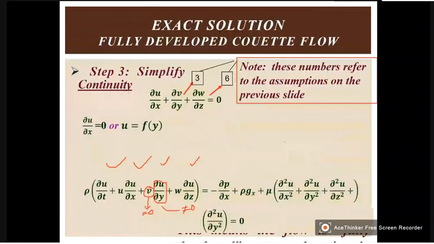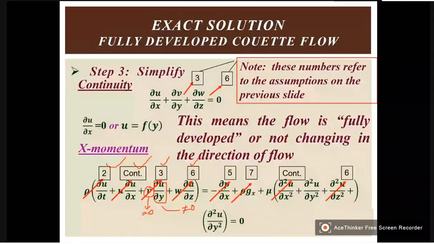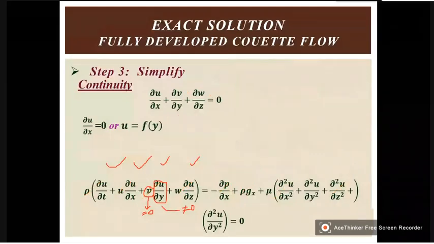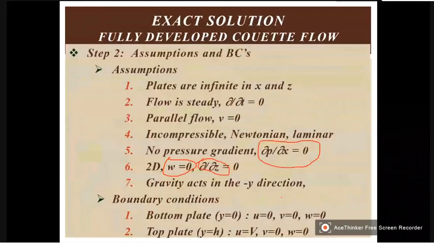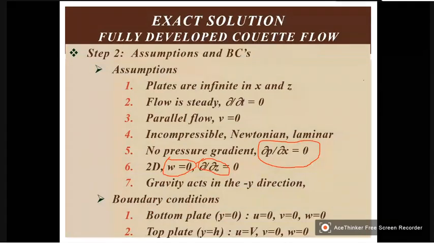Then rho gx, this term, seventh assumption. What is the seventh assumption? Seventh assumption is gravity acts in the y direction. So our y direction is vertical.